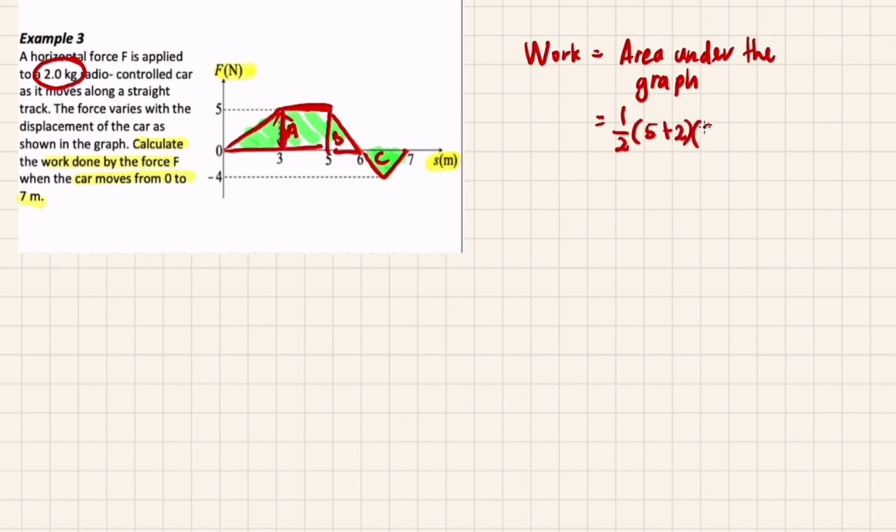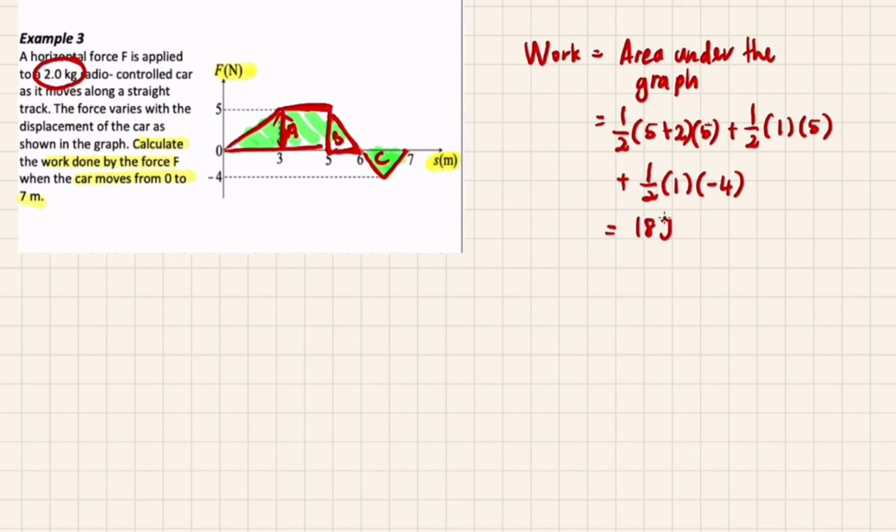Then we add the area of triangle B: 1/2 times the length, which is 1, times the height, which is 5. Then add the area of C: 1/2 times its length, which is also 1, times its height, which is -4. So we get the work done equals 18 joules.